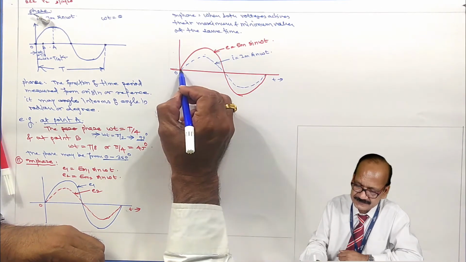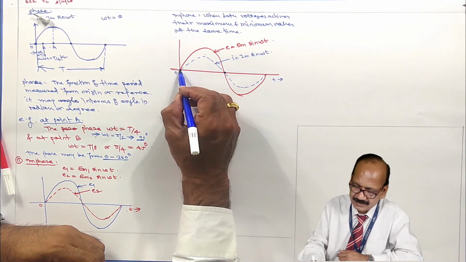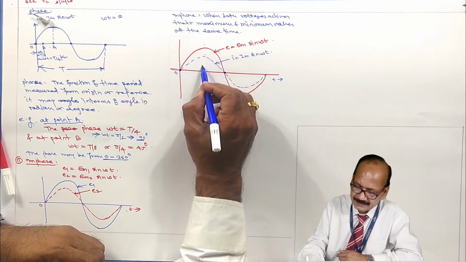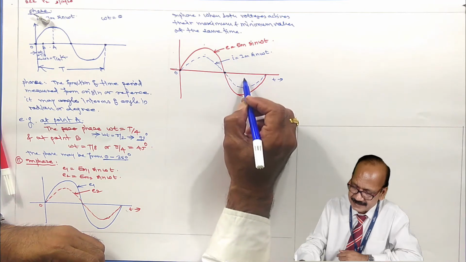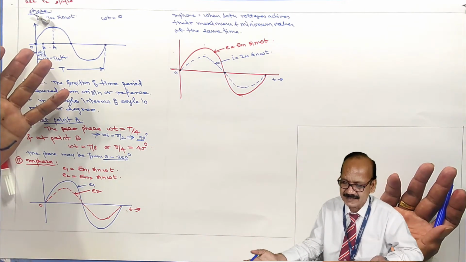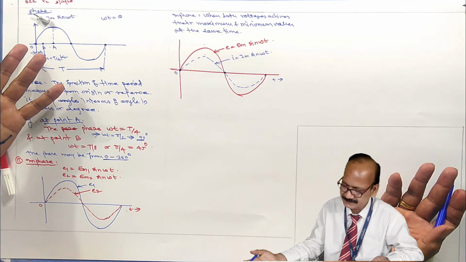Here also, if you observe carefully, both the quantities, voltage and current, achieve their minimum and maximum values at the same time, and therefore they are said to be in the same phase.